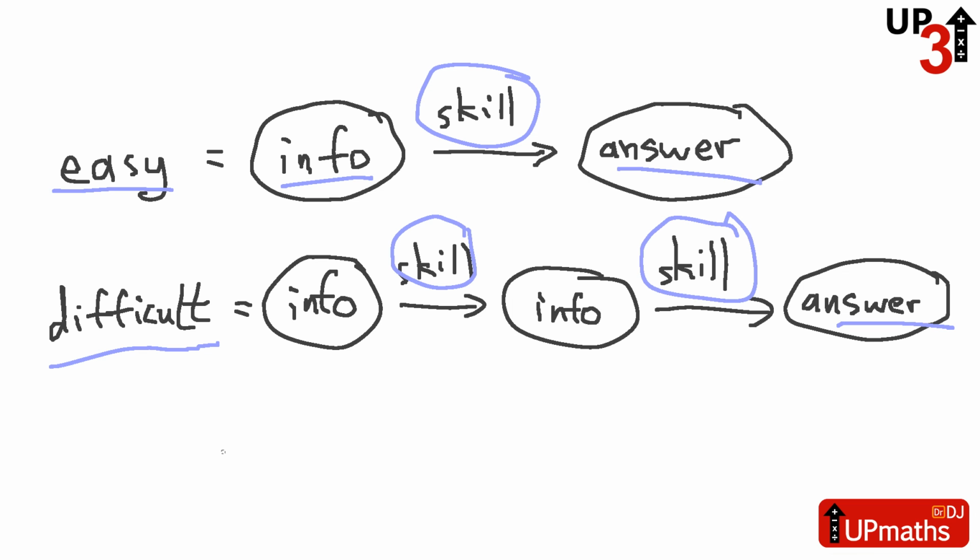Now, this is key, I think. This is aimed at more advanced students, so I'm going to talk like this. A lot of weaker students will never be able to do these difficult questions. I've had students where I just train and train and train them, and they never really get it.